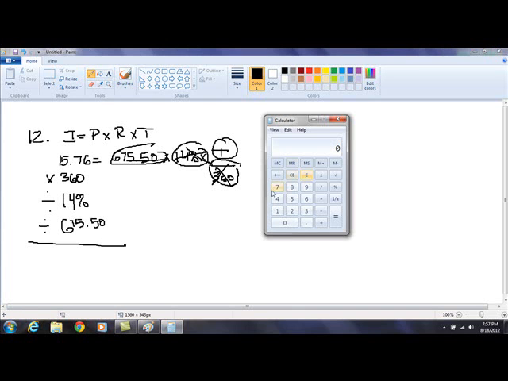So I bring out my calculator. 1576 times 360 divided by 0.14 divided by 675.50 equals 59.99.